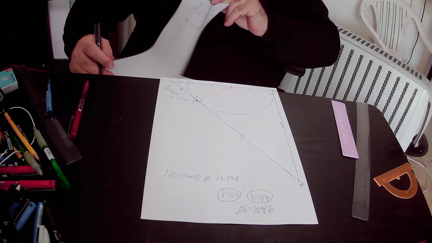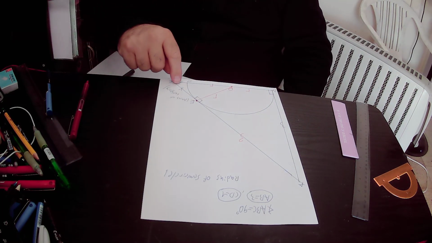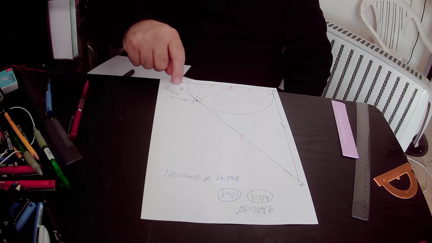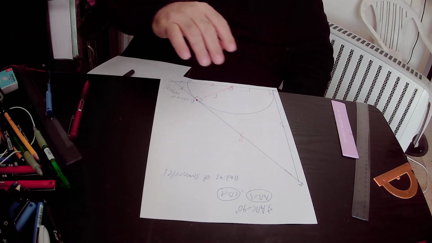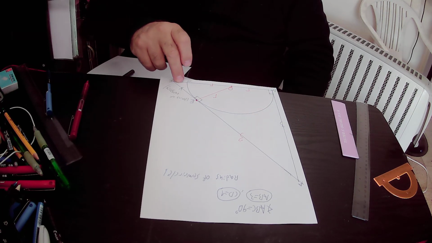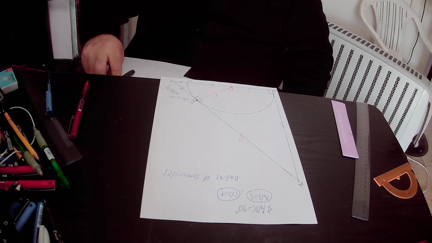And we also have this angle, which is a common angle. It belongs both to the big right triangle, triangle ABC, and this angle also belongs to the small right triangle, triangle OEC.